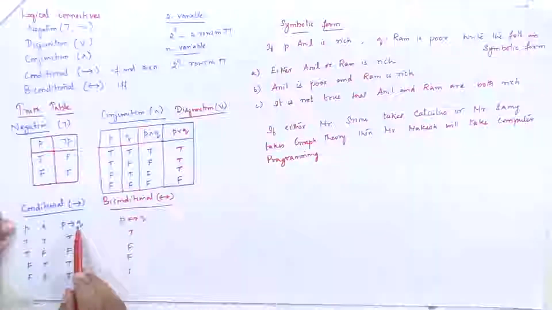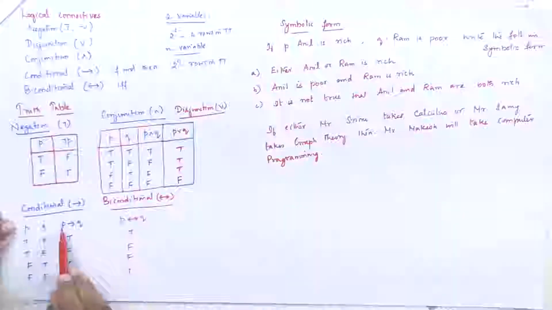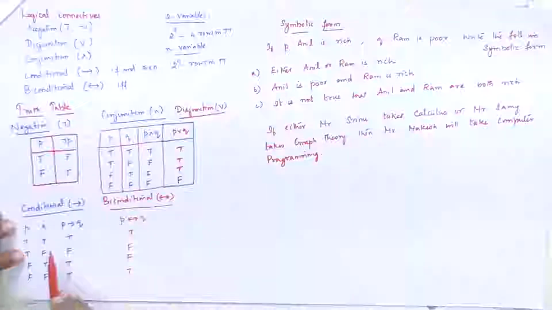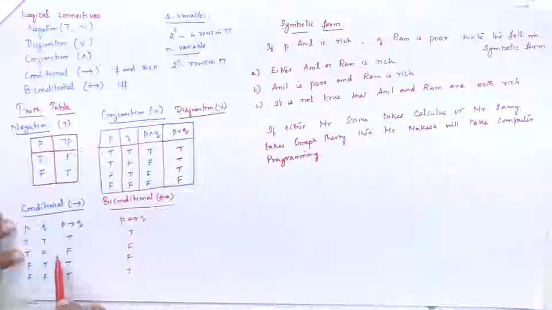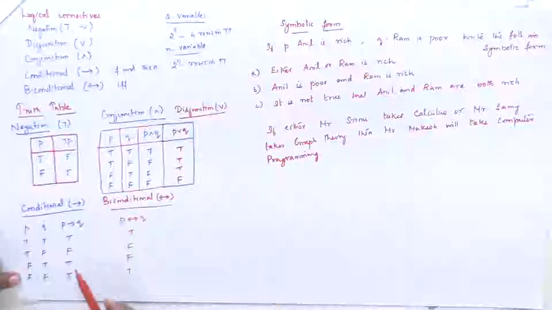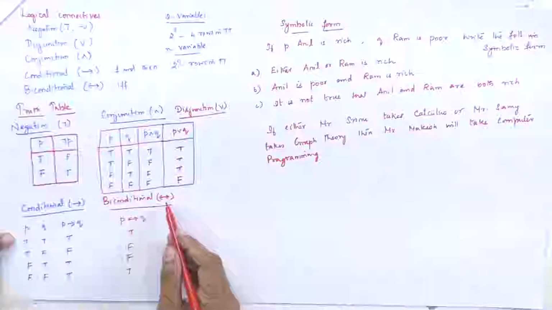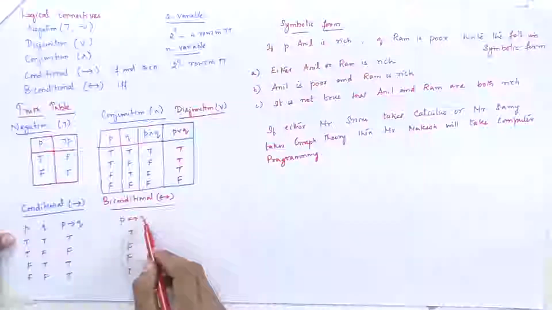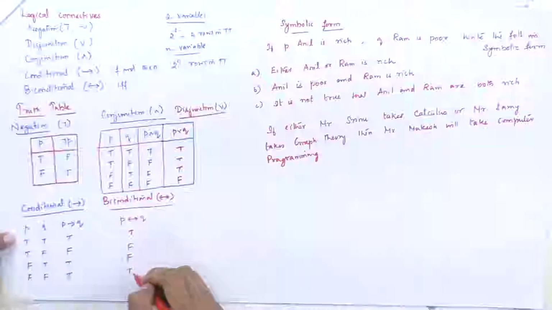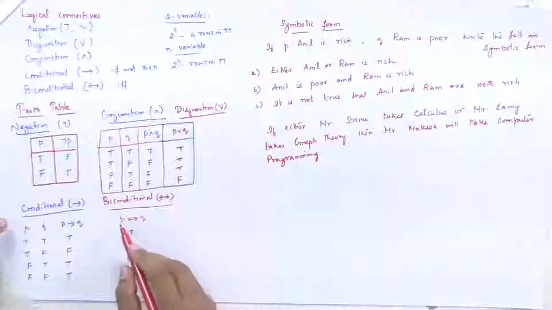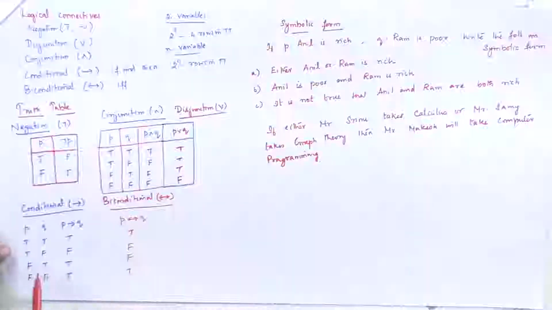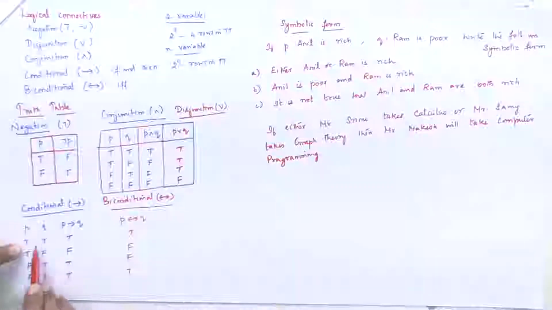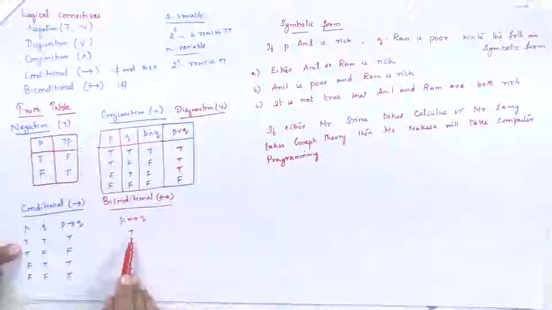So this will have the truth value F if P has the truth value T and Q has the truth value F. Elsewhere it will be only T. Next is the biconditional, that is if and only if, which means for P biconditional Q, the truth value will be T if both P and Q have identical truth values. Identical truth values in the sense that I have TT here, they are identical, so the truth value is T here.